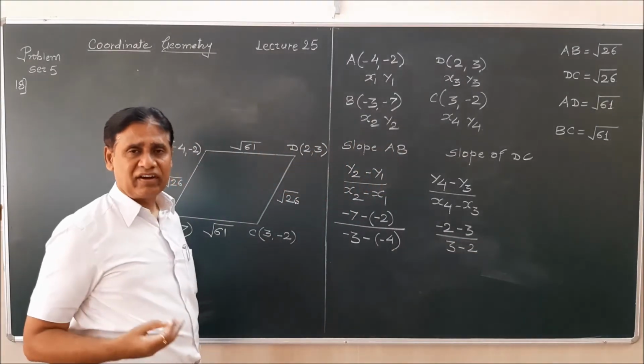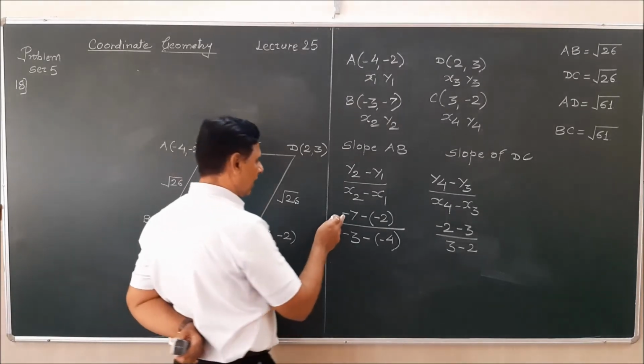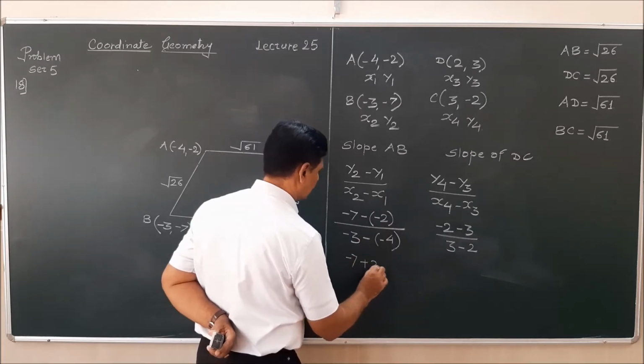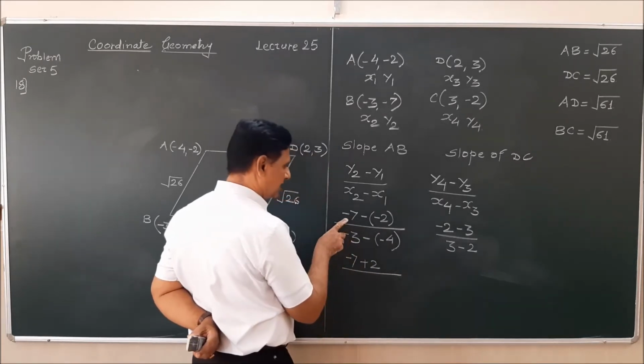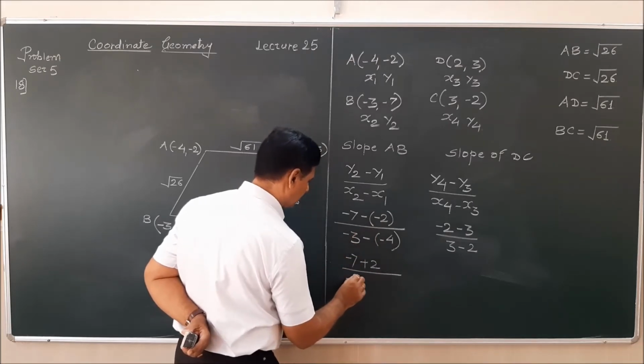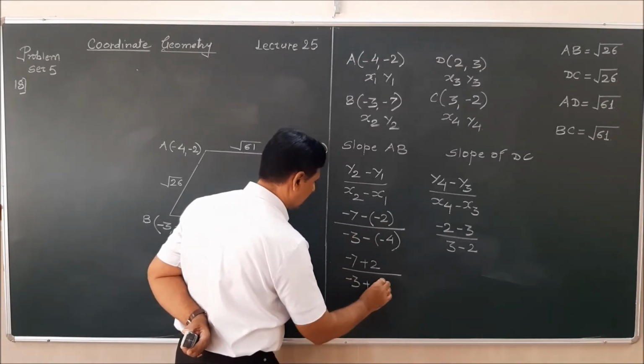Now if I simplify, I'll get minus 7 plus 2 upon minus 3 plus 4.